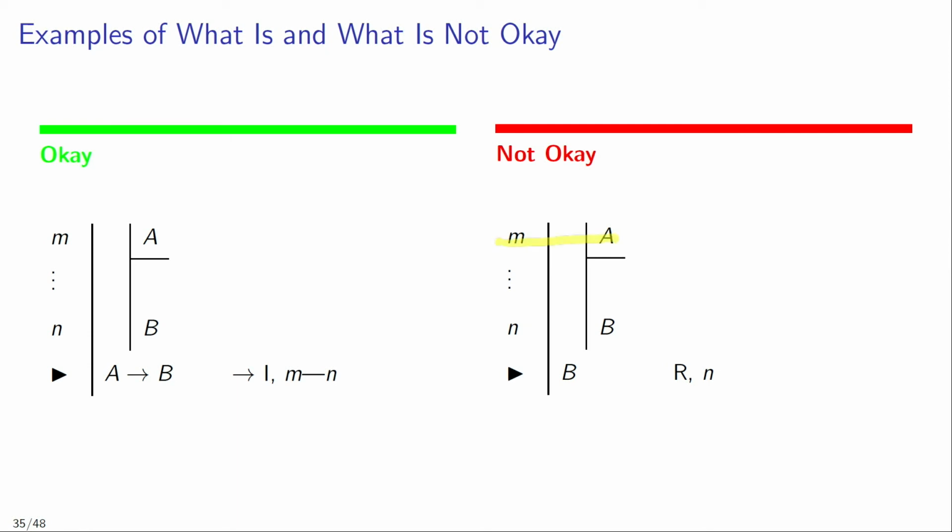Suppose that under the assumption that A, you can infer B, and then you reiterate B in the next step of your proof. And you justify this step by citing the rule reiteration as applied to line N. This is not okay.